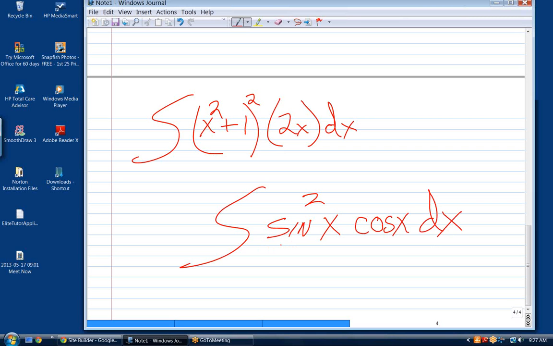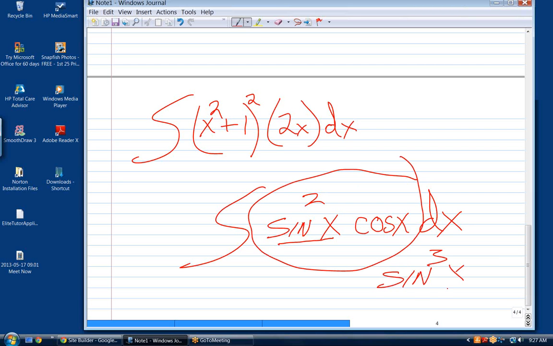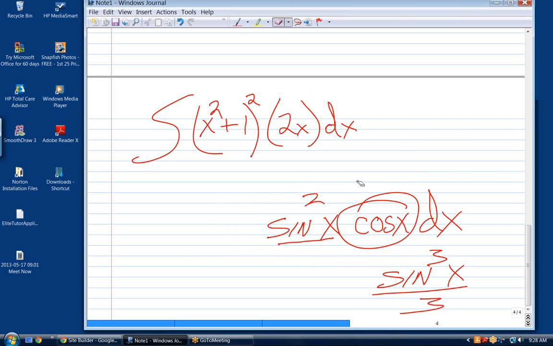Because I know that the derivative of the inside, which is sine x, is going to end up in my denominator when I use substitution, and that's going to cancel out with this cosine x. So now I can just treat this as a power rule situation and make it sine cubed of x over 3, because I know that the derivative of the inside is going to be taken care of by that. Okay.